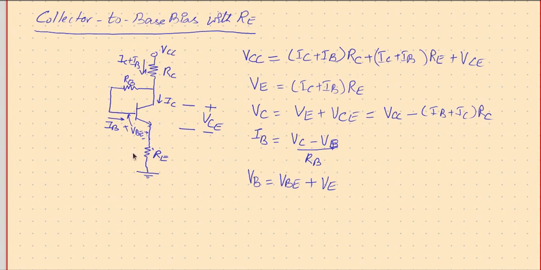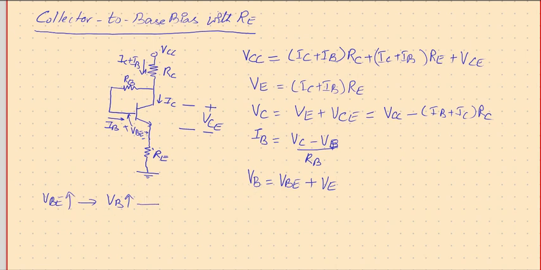Next, this RE is going to provide additional stability to our operating point. How? Let us see. For some reason, let us assume VBE gets changed, maybe due to thermal drift. So VBE increased. If VBE increased, then VE plus VBE will make VB increase.